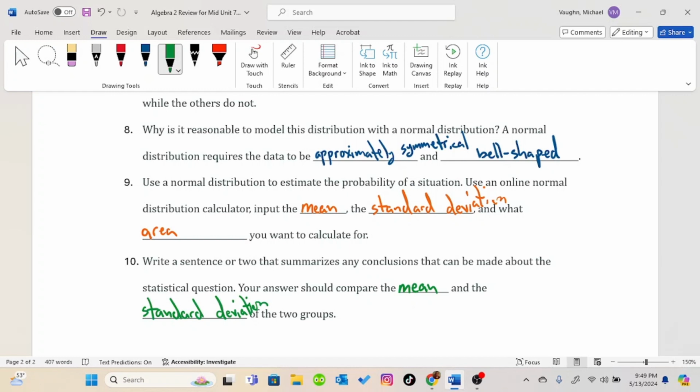When you are explaining the conclusions that you're making, make sure you talk about those two things. How do their means relate to each other? What does that tell you? And how do their standard deviations relate to each other? And what does that tell you?